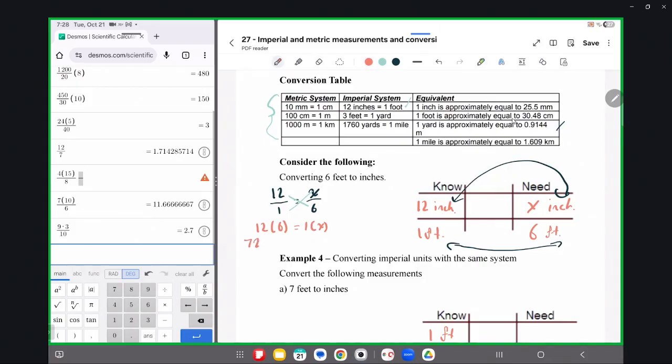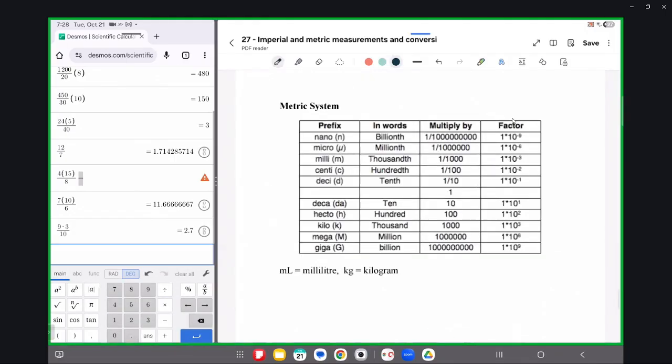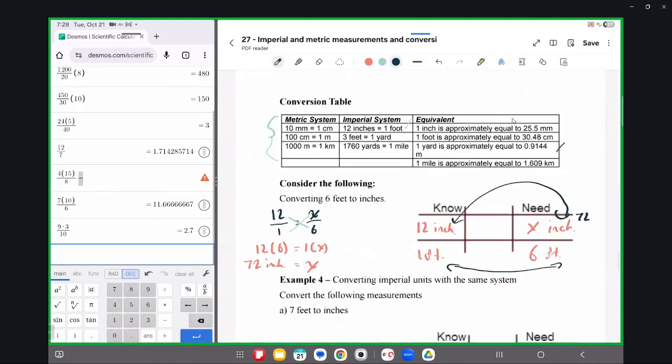So there are 72 inches in 6 feet. Okay, and that's it. That's what we're going to be doing for the rest of the lesson, is applying this chart in various ways and going from there.